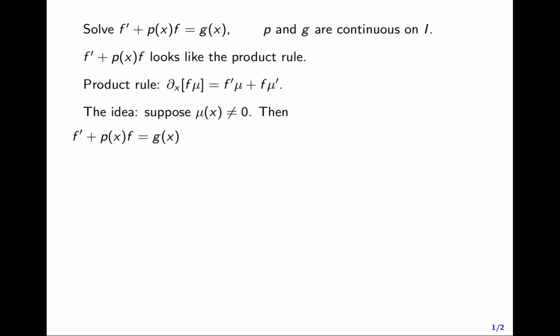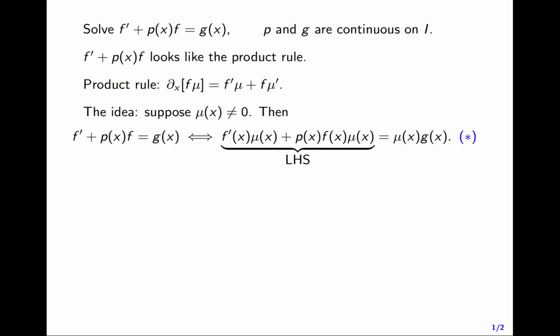Here is the classical idea. If I have a function mu of x that is non-zero, and I start with my original ODE, f prime plus p on f equals g, then that ODE really is equivalent to a new ODE where I've multiplied both sides by mu.